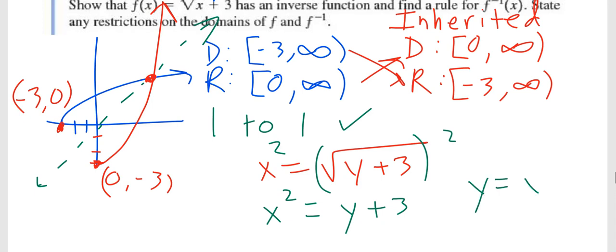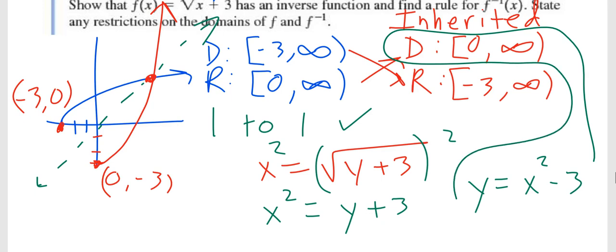Subtract 3, right? So we have x squared minus 3. As long as you have the correct domain, we're okay. It's not a complete parabola. It's only half. Because of that inherited domain.